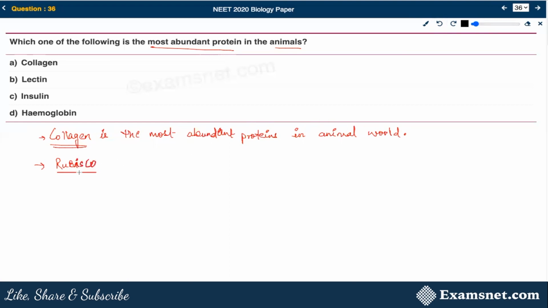Rubisco, which is ribulose bisphosphate carboxylase oxygenase. So this is the most abundant protein in the whole biosphere.